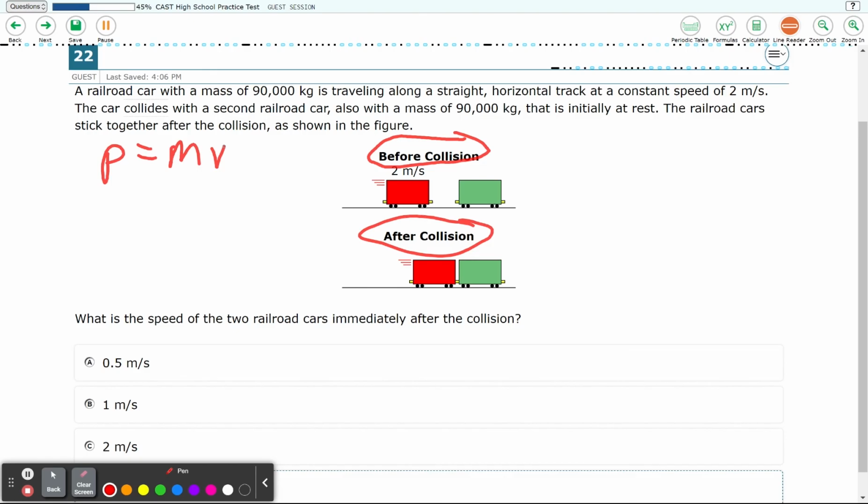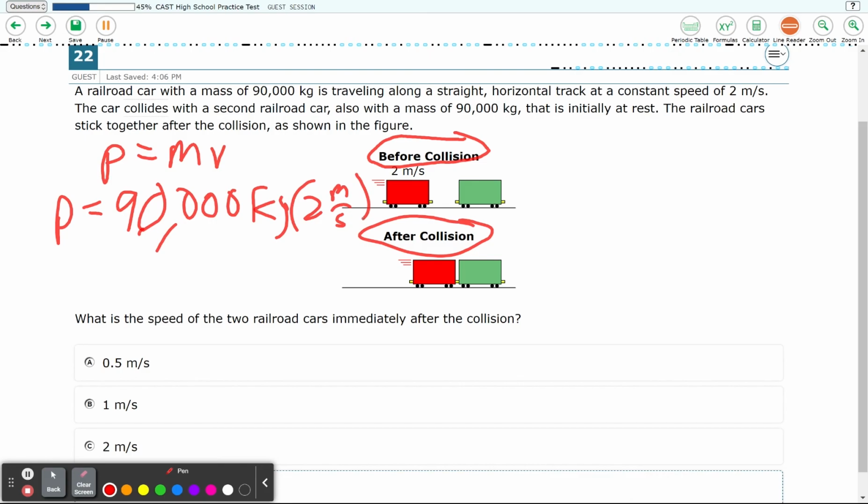mv. So to calculate the momentum before the collision, the first car has 90,000 kg times 2 meters per second, which gives us 180,000 kilogram meters per second.